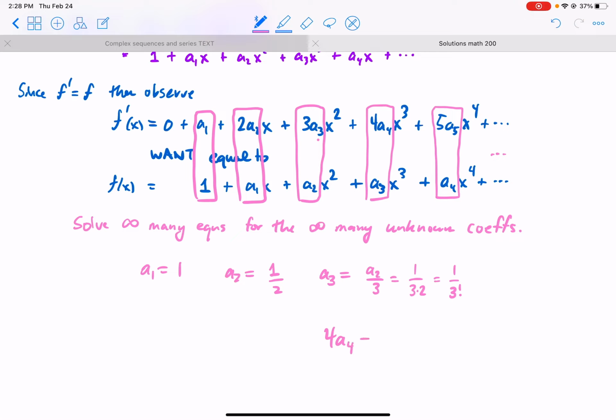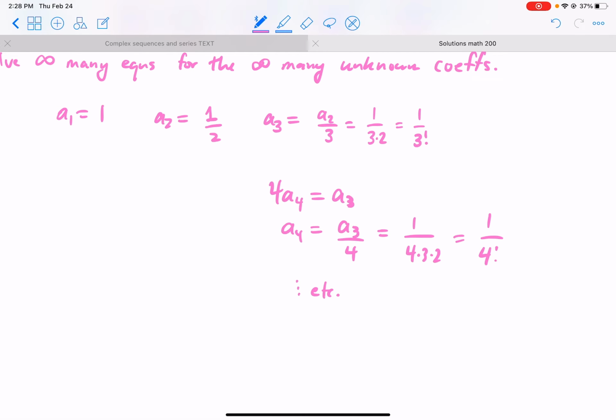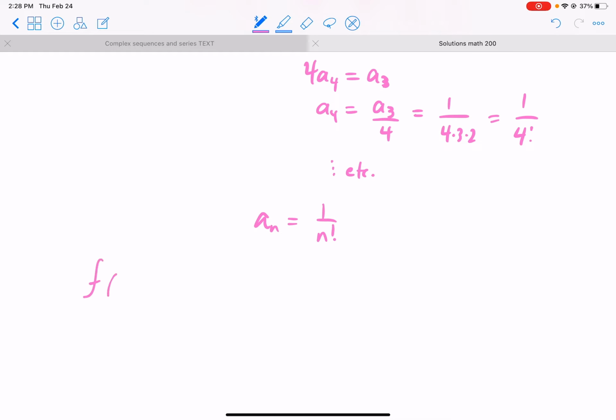Since 4a4 is a3, well, then a4 has to be a3 divided by 4, but we know that a3 is 1 over 3 factorial. So this is 1 over 4 factorial. And you see that, etc., etc., an is 1 over n factorial, and f of x is now equal to the sum of x to the n over n factorial from n equals 0 to infinity.